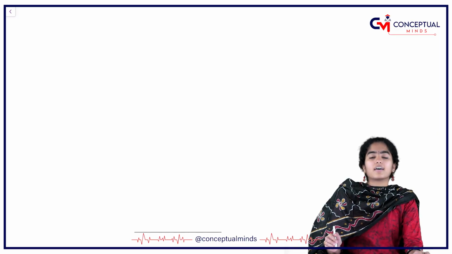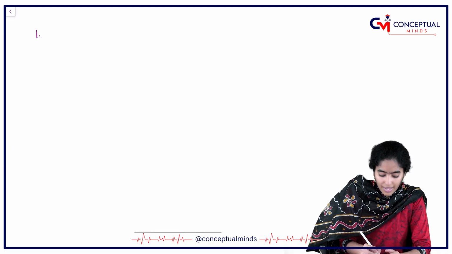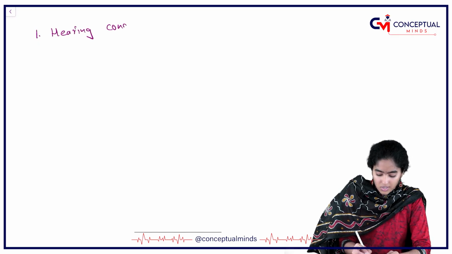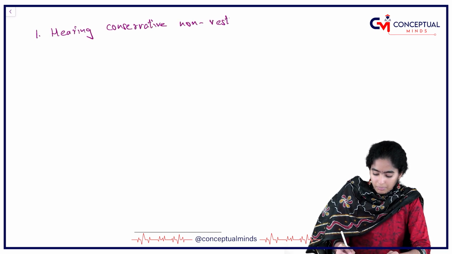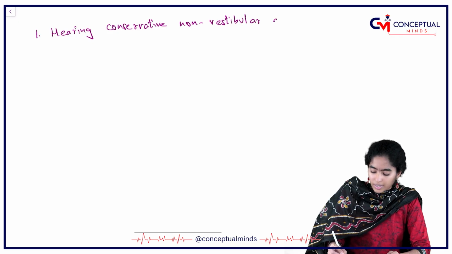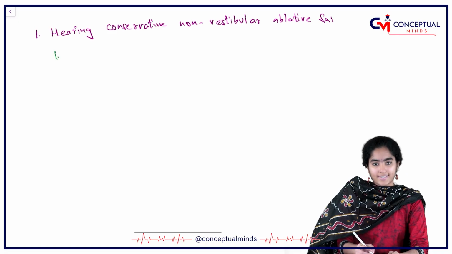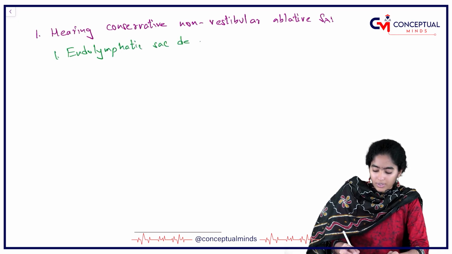So first category is non-vestibular ablative surgery, and this is hearing conservative type of surgery. The first under this category is endolymphatic sac decompression. What do we do in this?